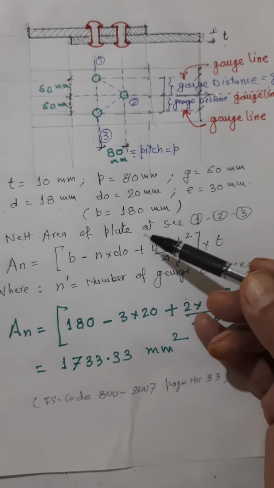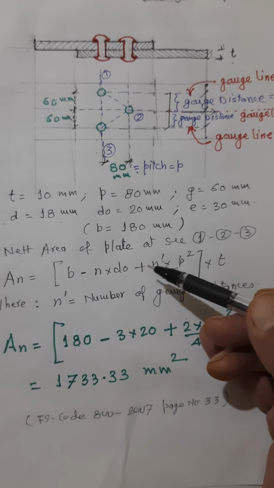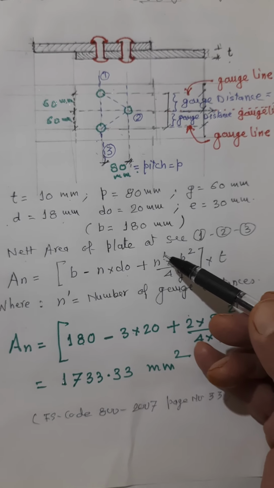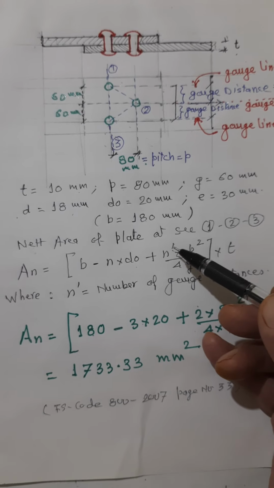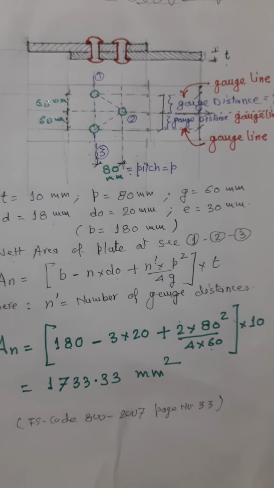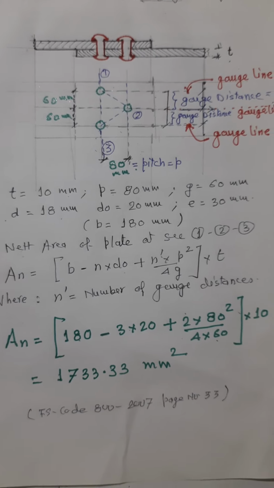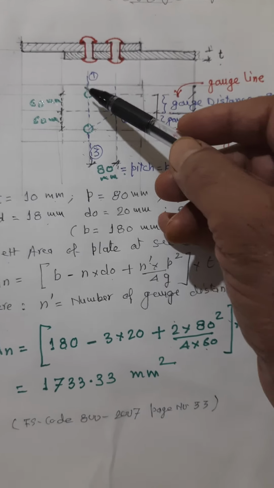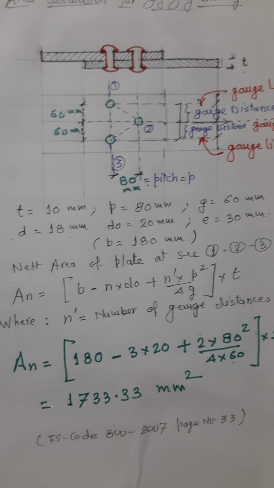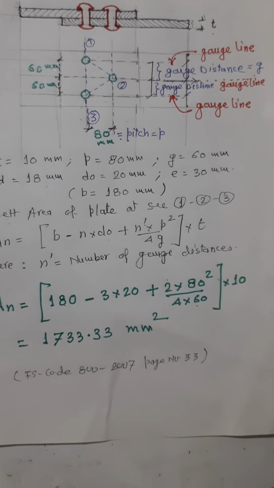You add n dash there and write the formula like this: b minus n times d naught plus n dash p square upon 4g, where n dash is nothing but the number of gauge distances. I think you can very easily understand how we can accommodate all the three bolts in one stretch and straightaway calculate the net area of the plate with whatever number of bolts has been given here. Thank you very much.